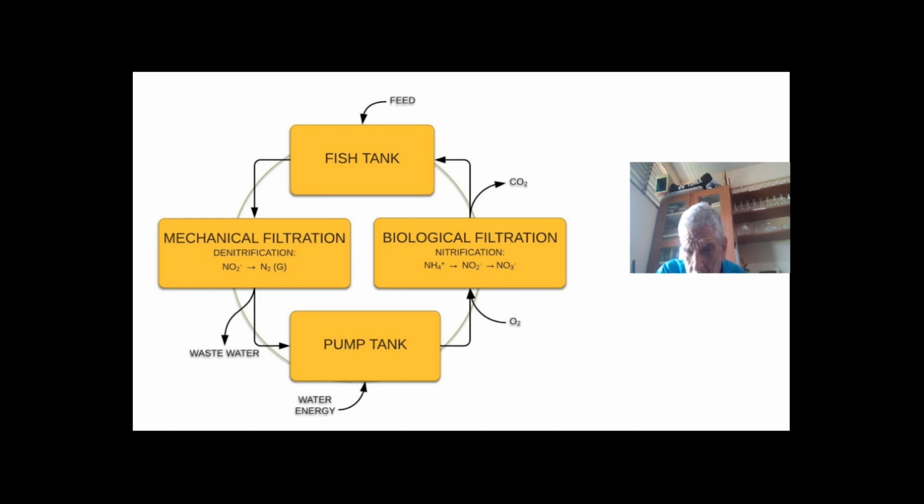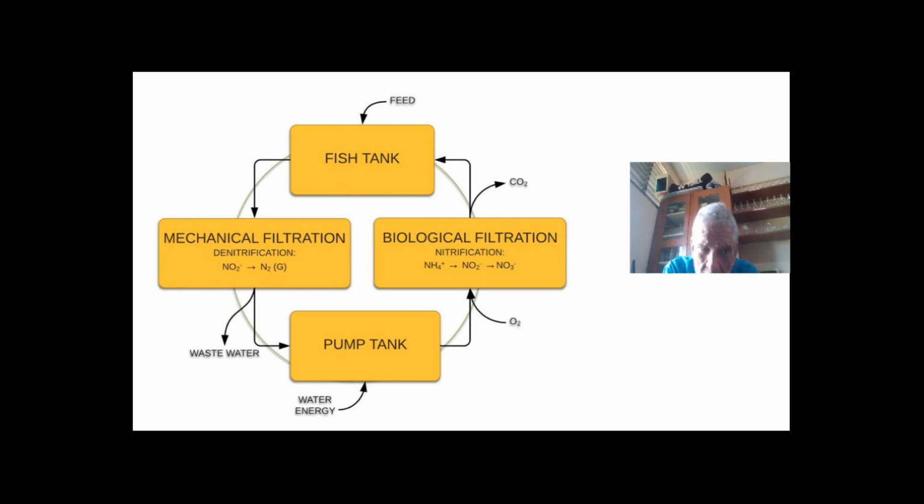And at the same time, we need to add oxygen. So we need to aerate the water. So oxygen will come in and carbon dioxide will go out. Then you have a fish tank where you add feed. And then the water needs to be drained where you have mechanical filtration. Wastewater is excreted.